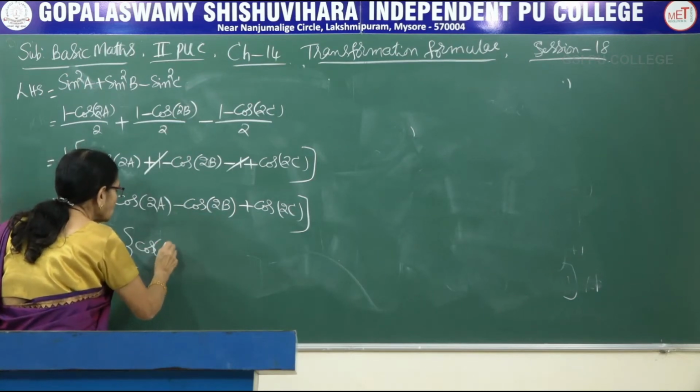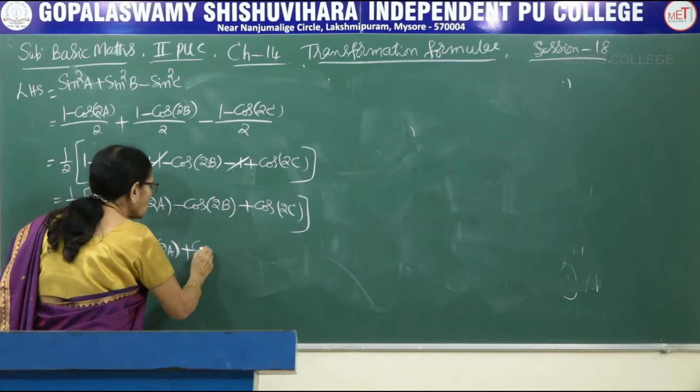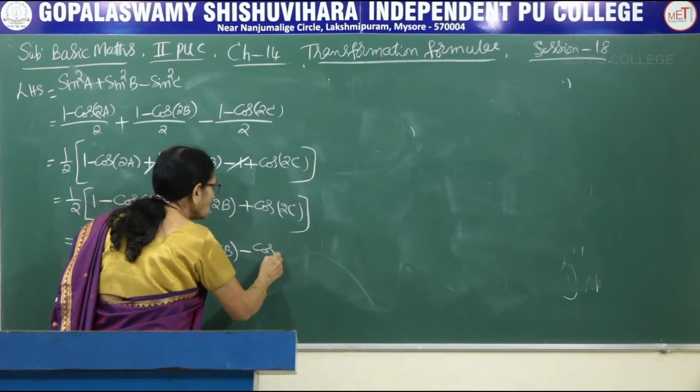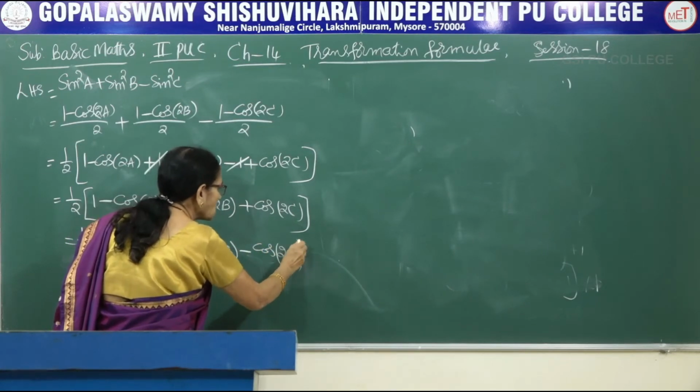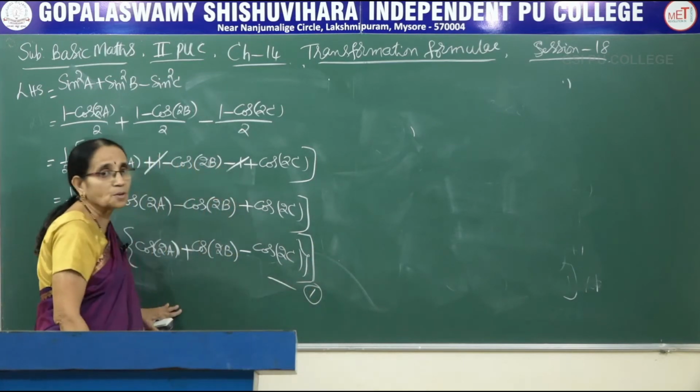That means cos of 2a, this minus would become plus cos of 2b, then minus cos of 2c. Close both the brackets. Now take this again as result 1.